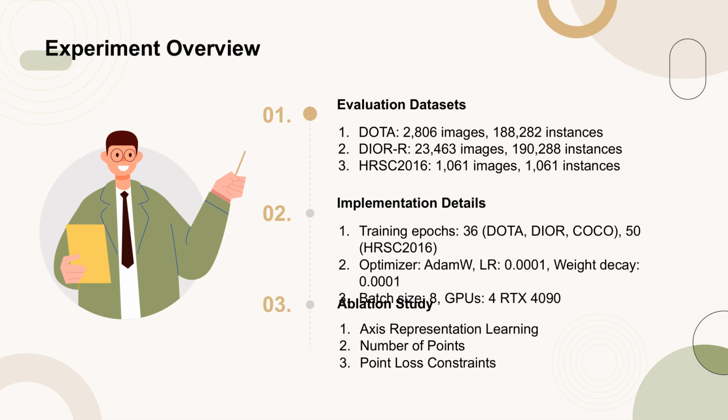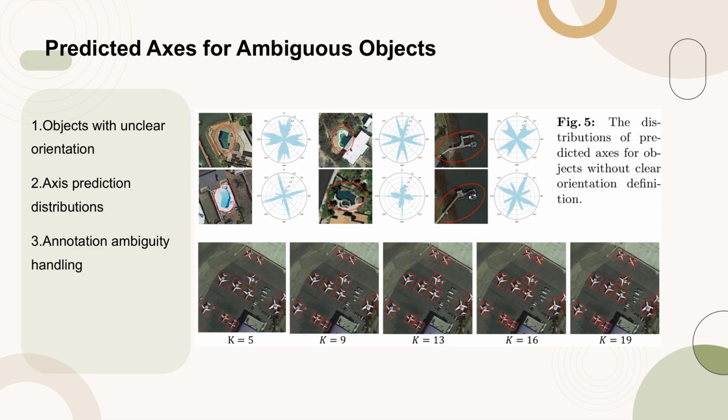The ablation study focused on 3 key components: axis representation learning, the number of points representing each object, and point loss constraints. Figure 5 illustrates the distributions of predicted axes for objects that lack a clear orientation definition. This visualization helps to understand how the model handles objects with ambiguous directional characteristics, such as certain swimming pools.